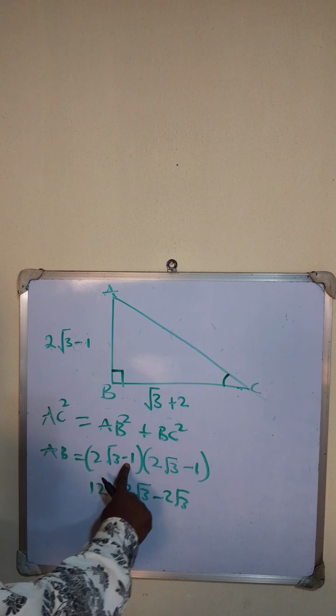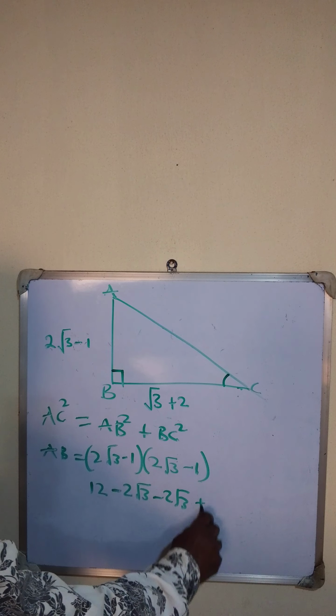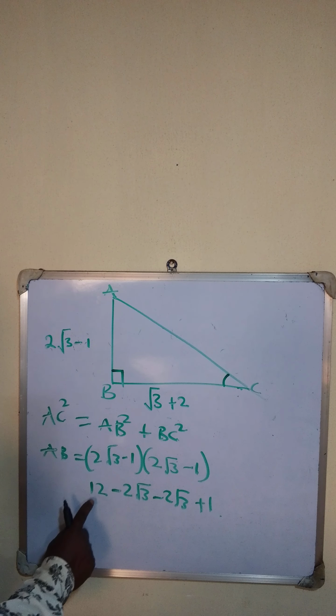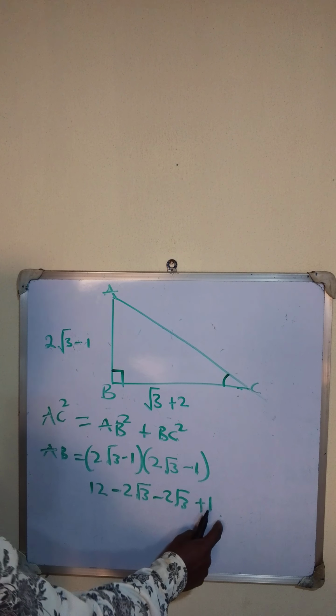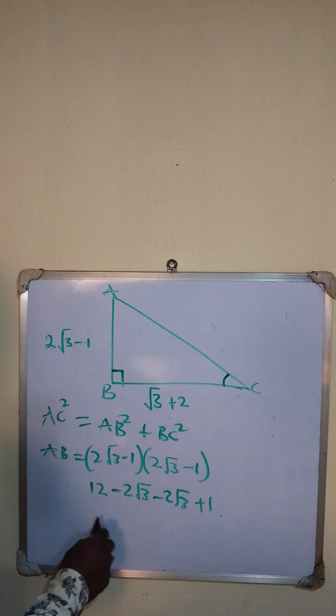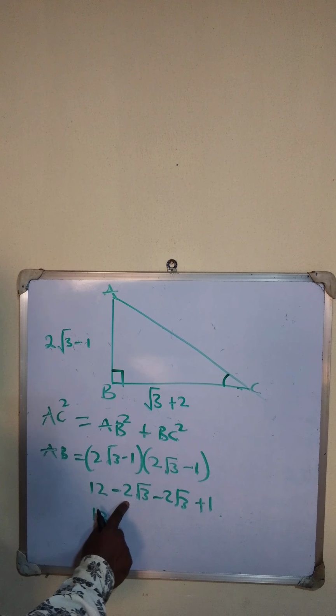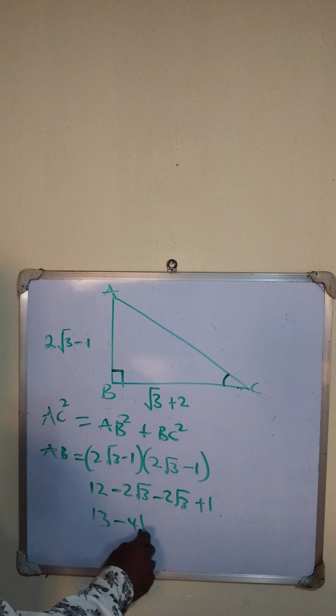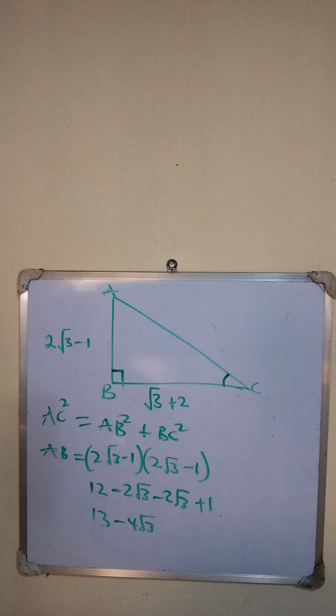Then minus 1 times minus 1 will give us plus 1. Then let us simplify it further. 12 plus 1 will give us 13. Then minus 2 root 3 minus 2 root 3 will give us minus 4 root 3. So that is how far we can go as far as the AB.